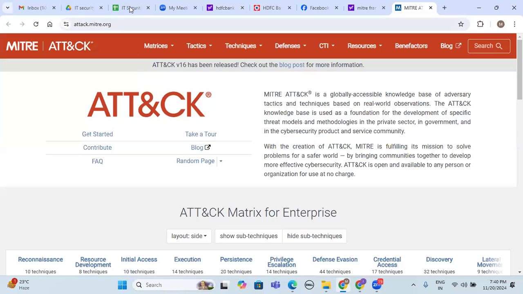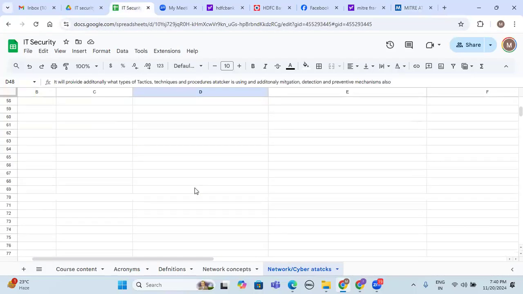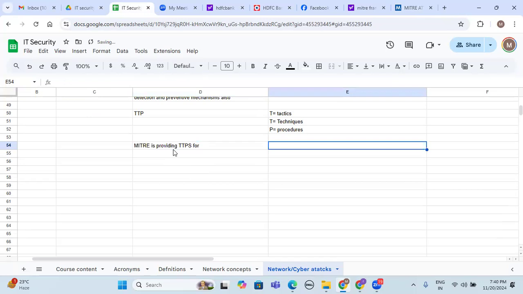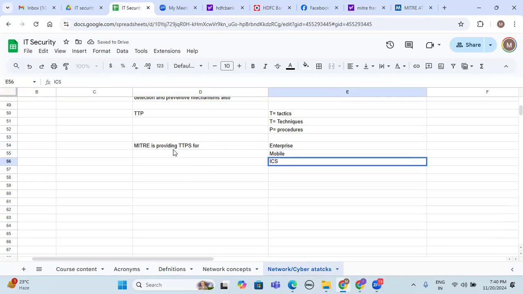Okay. So now Mitre is providing TTPs for enterprise level and also mobile industries and also ICS industrial control system.